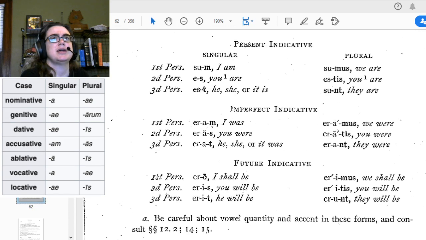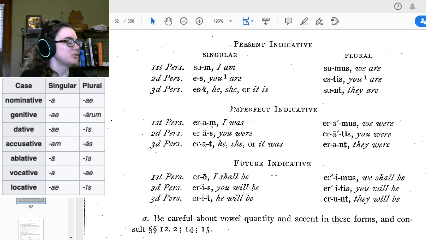So sum, es, est, sumus, estis, sunt. The stem is es, and then the endings. Imperfect: eram, eras, erat, eramus, eratis, erant. So it misses the b from the ba that we see in the first and second conjugations, but the rest is the same.